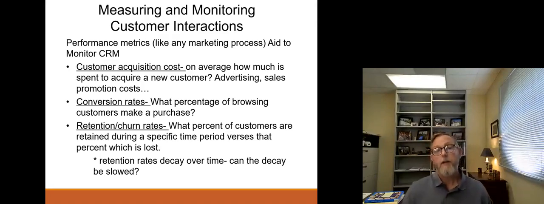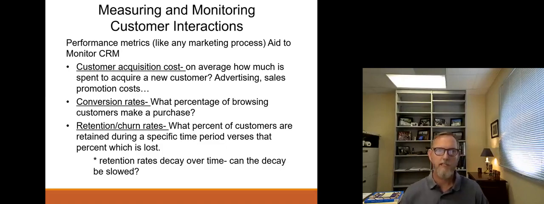Okay. Retention and churn rates. Okay, so this is another metric. These are two metrics. One is the churn rate we'll use a lot. And those are the percentage of customers who leave from period to period, from one period to the next. So if I lose customers at a 10% rate, then my churn rate is 10%. Now, conversely, if you take the inverse of that, it means that our retention rate is 90%. 90% of our customers are coming back.